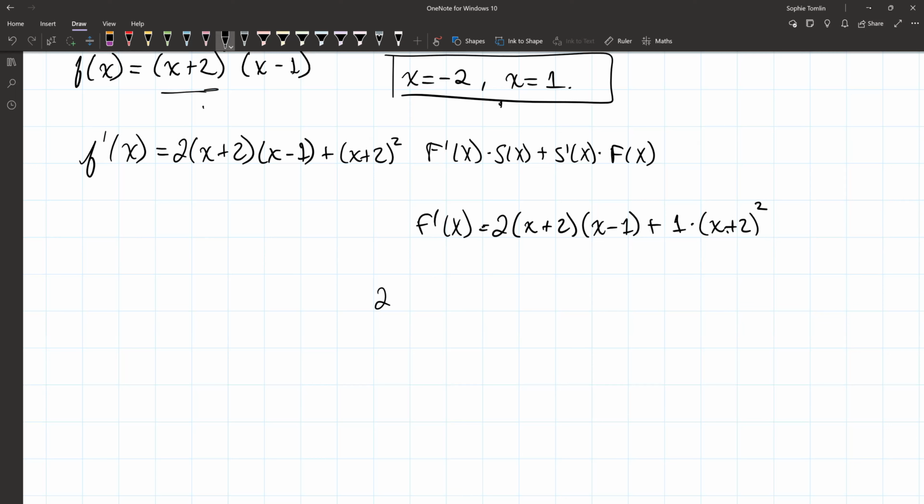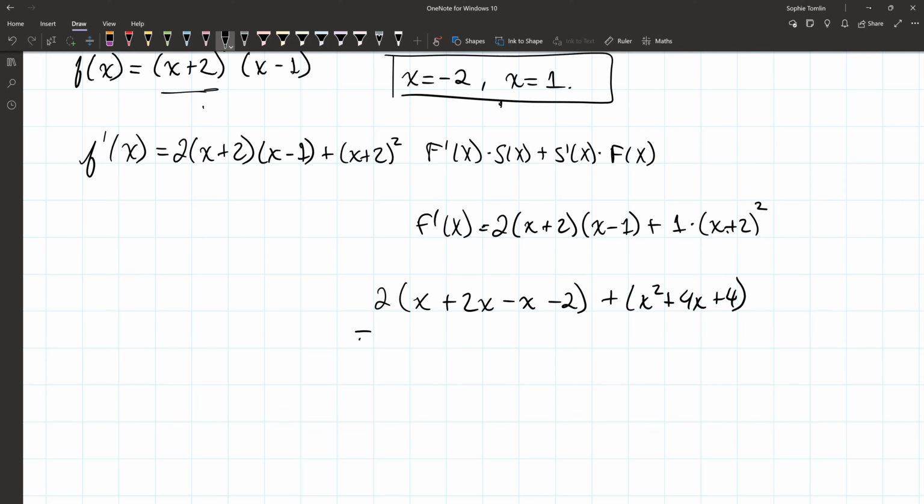So we'll have this 2 times x plus 2, x minus 2. So we have x squared plus 2x minus x minus 2. And then plus we have this nice perfect square over here, where we'll get x squared plus 4x plus 4.